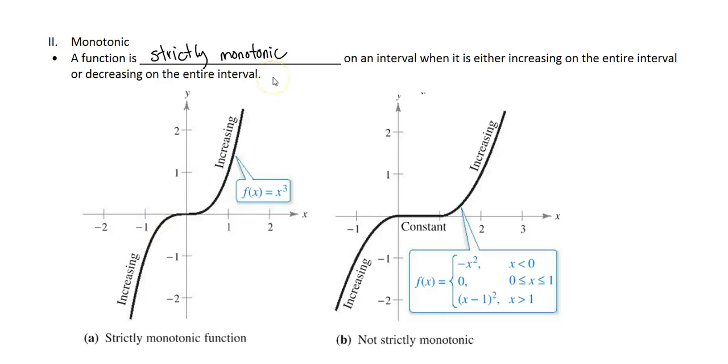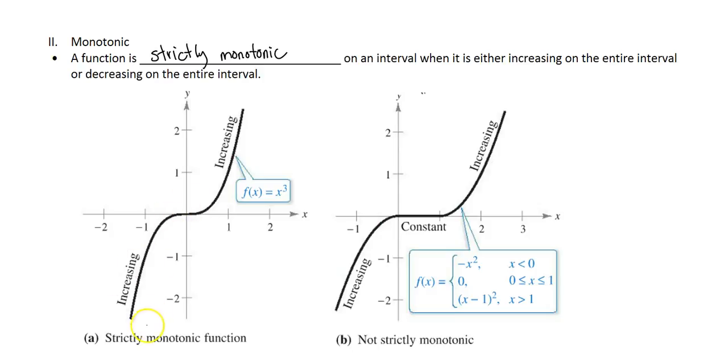It never stops increasing. It might increase slightly slower on some portions of it, but it's still increasing. This one has a constant section in the middle. It's actually defined as a piecewise function, and this is monotonic, but it's not strictly monotonic. It's just non-decreasing on the entire interval. So those are some situations that you want to be aware of as well.